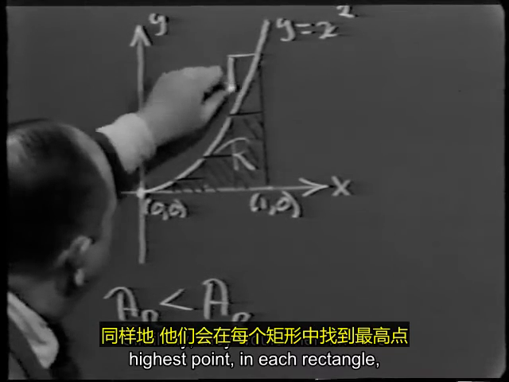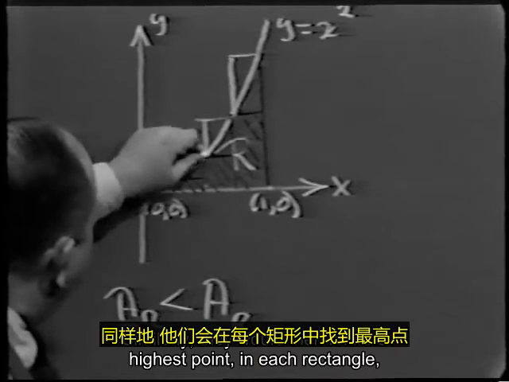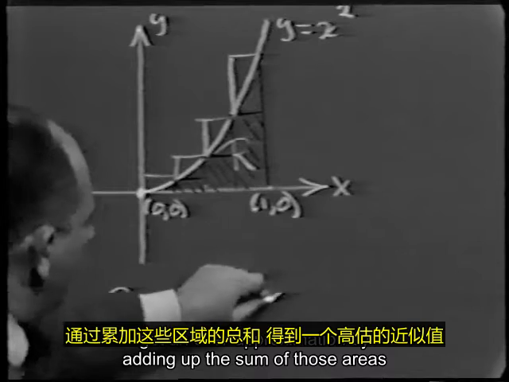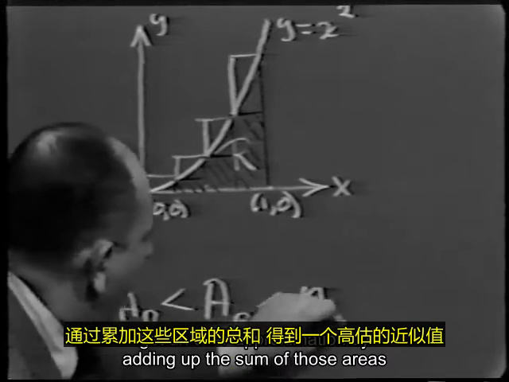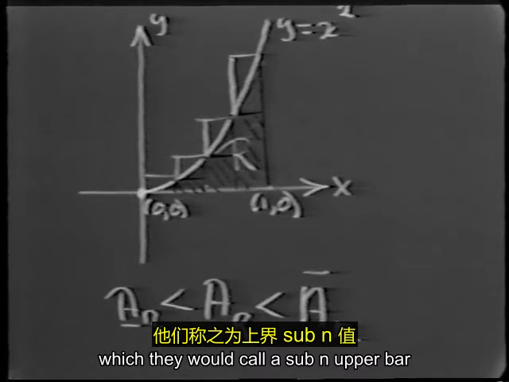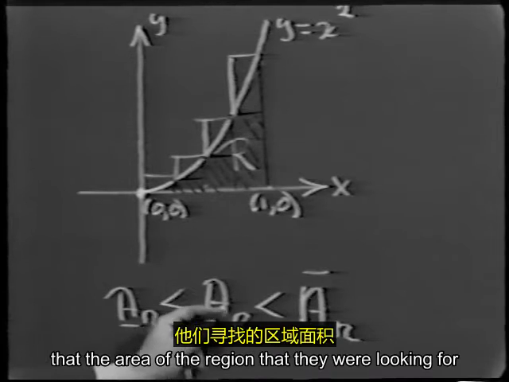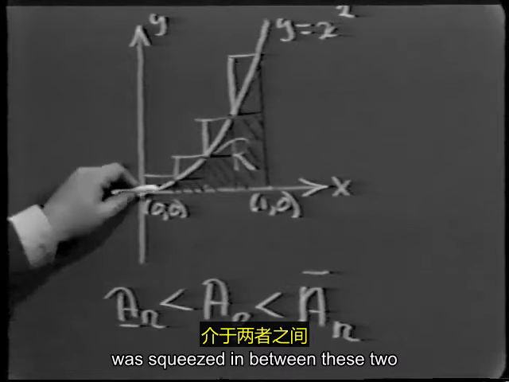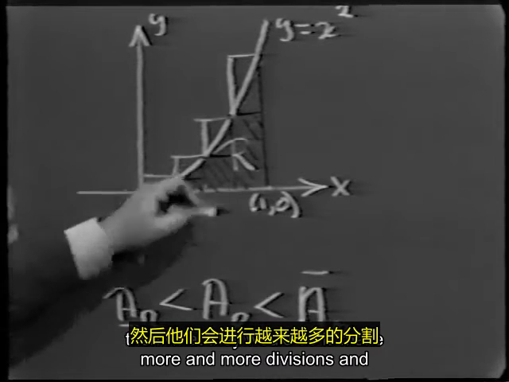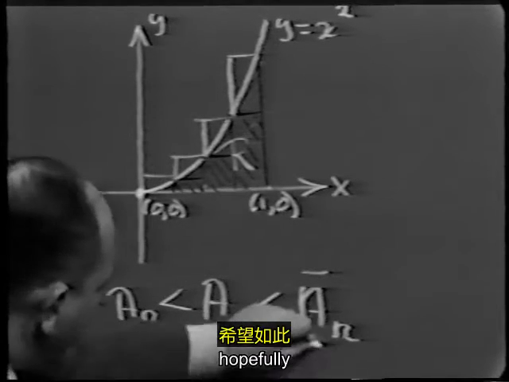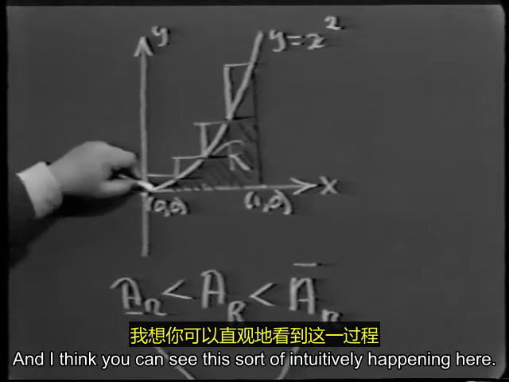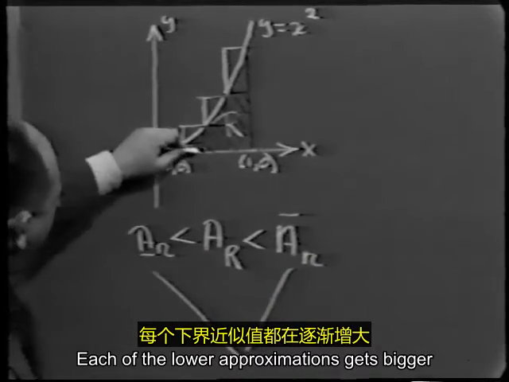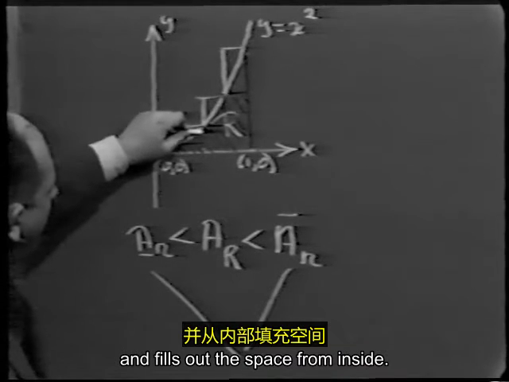Similarly, they would then find the highest point in each rectangle, get an over approximation by adding up the sum of those areas, which they would call A sub n upper bar, and now know that the area of the region that they were looking for was squeezed in between these two. Then what they would do is make more and more divisions, and hopefully, and I think you can see this sort of intuitively happening here, each of the lower approximations gets bigger and fills out the space from inside.